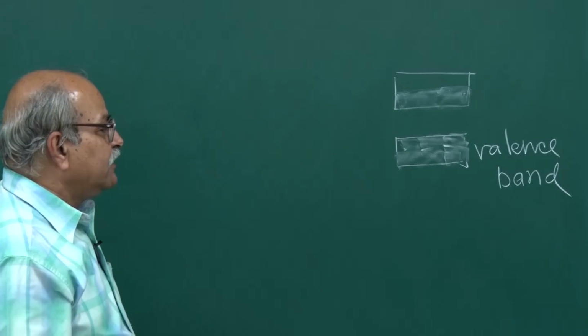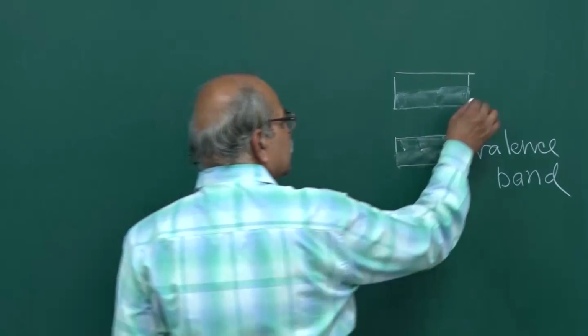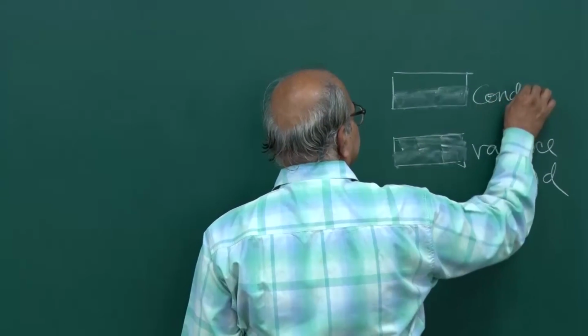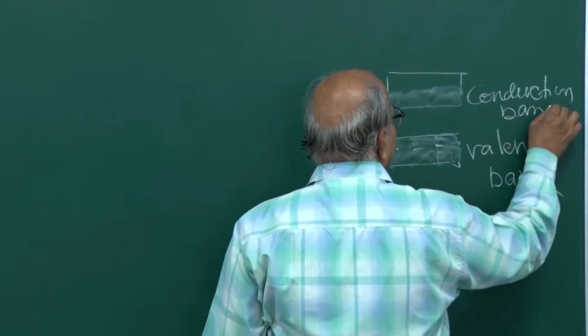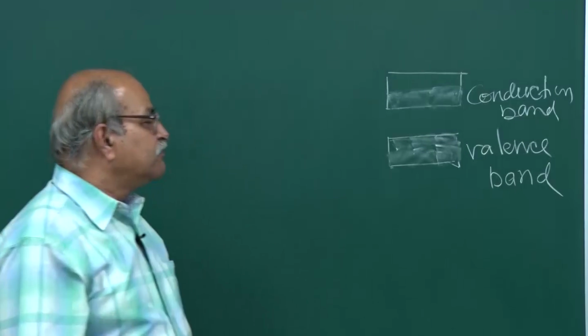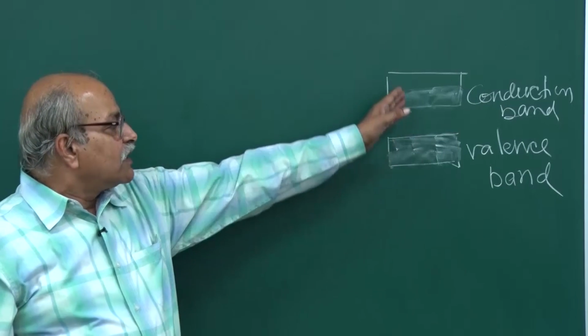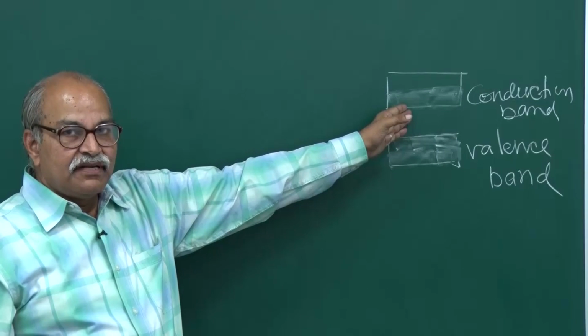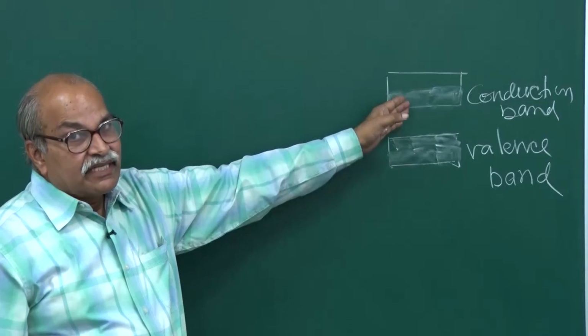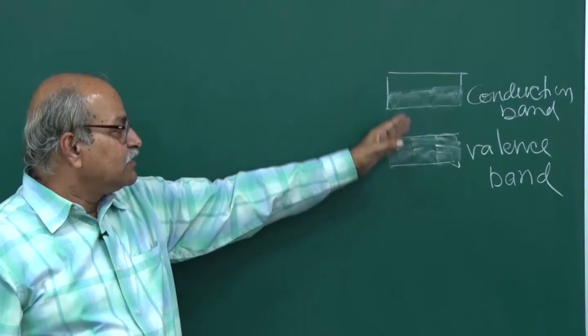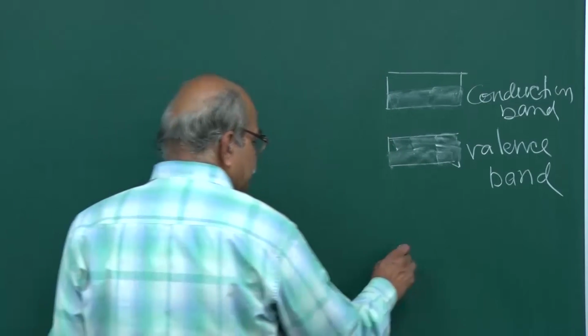Here the conduction band is partially filled, partially empty. You have a large number of quantum states which are filled, that means there are electrons, and a large number of quantum states which are empty, and then you have the valence band. So this is one situation. This will be a conductor.